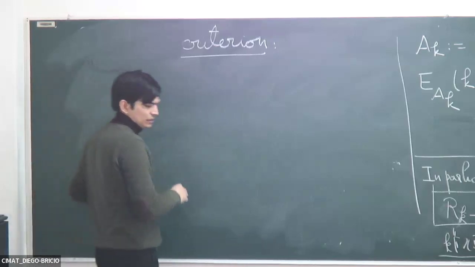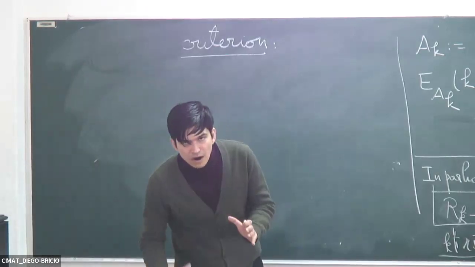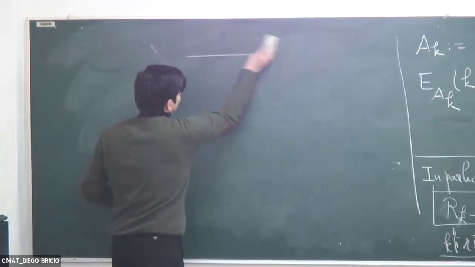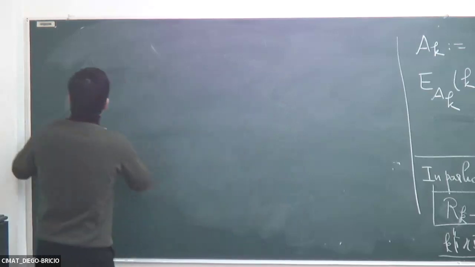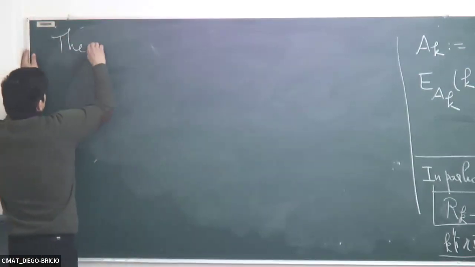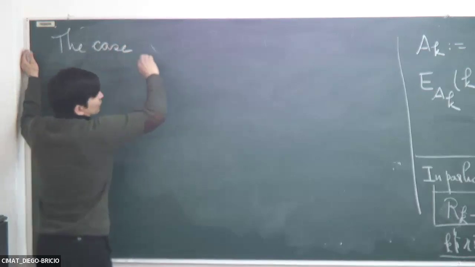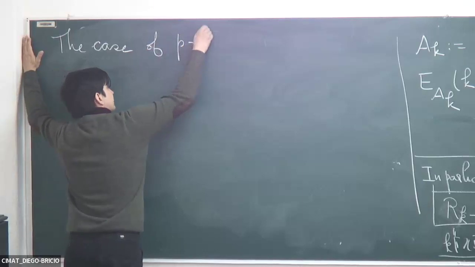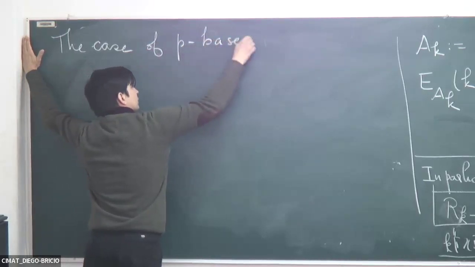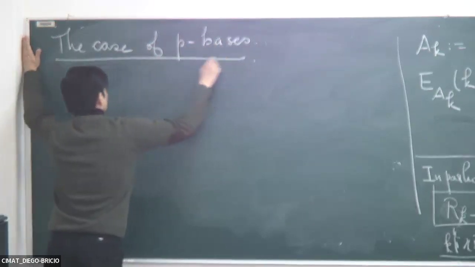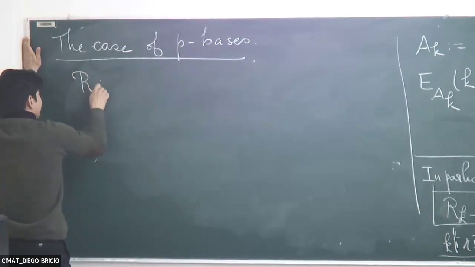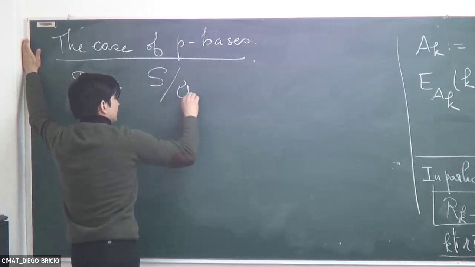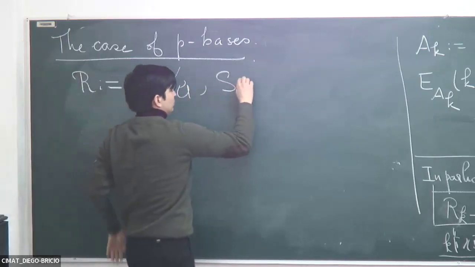So the heart of Fedder's criterion is the case in which you have a p-basis. Okay. So let's start there. The case in which you have a p-basis. So we take R to be S modulo A, where S is a polynomial ring.